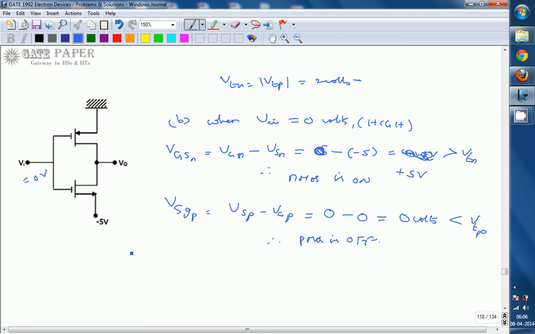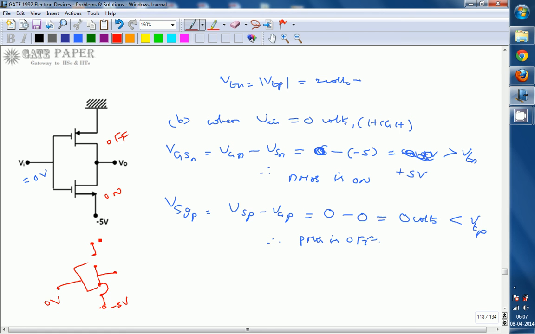So we can draw the equivalent circuit in this way. The above one is in the off condition, PMOS is off and NMOS is on. So this is 0 volts and there is no connection towards the output side from above, whereas it is connected through the NMOS transistor towards minus 5 volts.